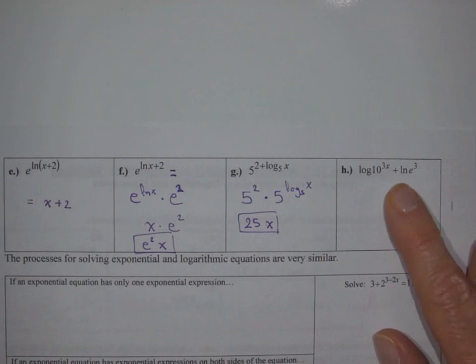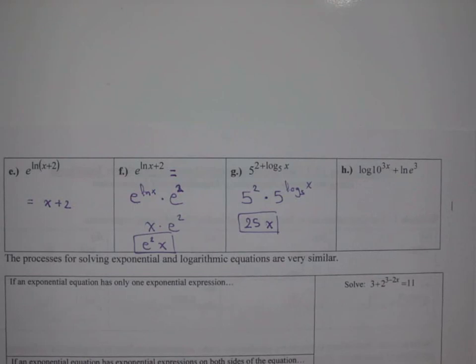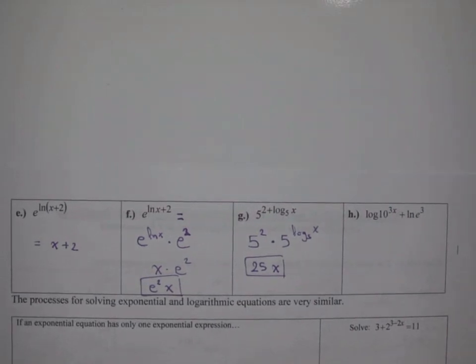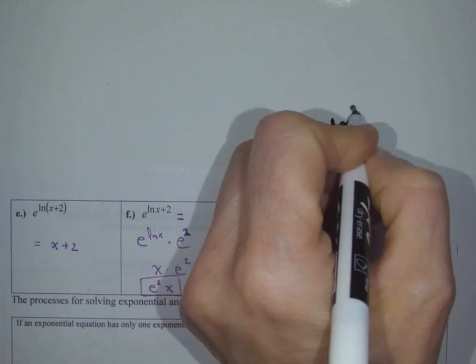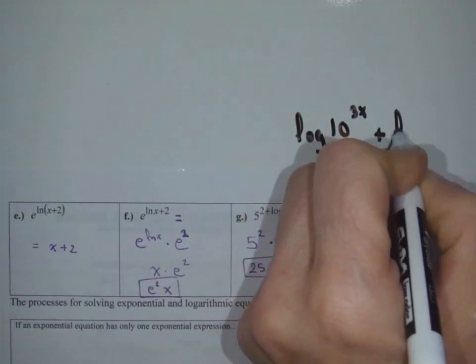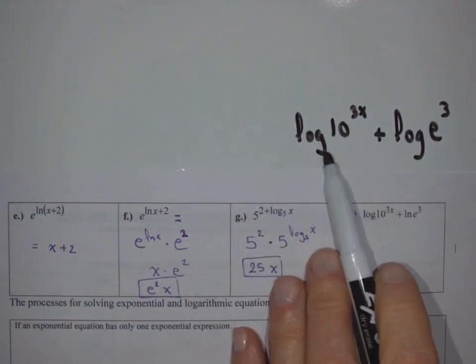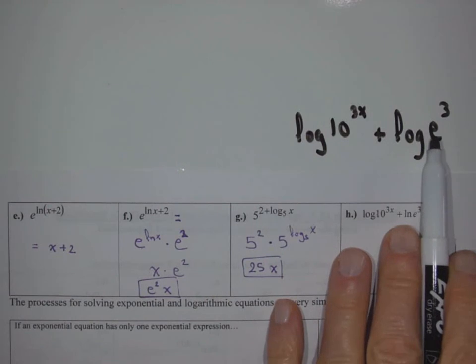Now, here I'm adding 2 logs, but they are not common base, right? Normally the property says that when you have common base, so like if I had a log base 10 of 3 to the x plus a log base 10 of e cubed, that would be a common log, then I can just multiply their insides, right?